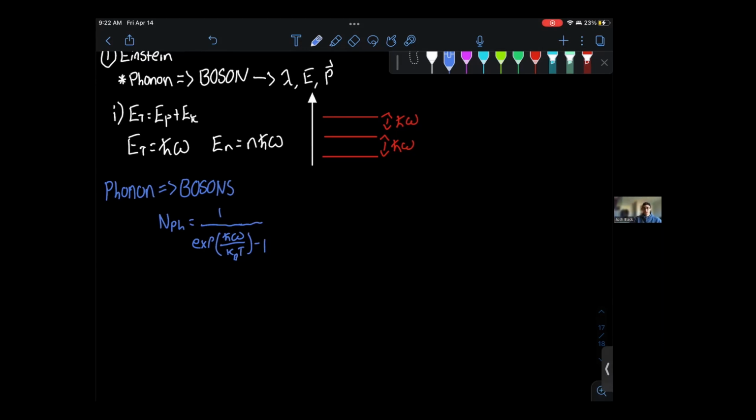This is the model that we use because they do not follow the Pauli exclusion principle. This means that multiple phonons can have the same principal quantum numbers. They can have the same energy. They can be at the same energy level.